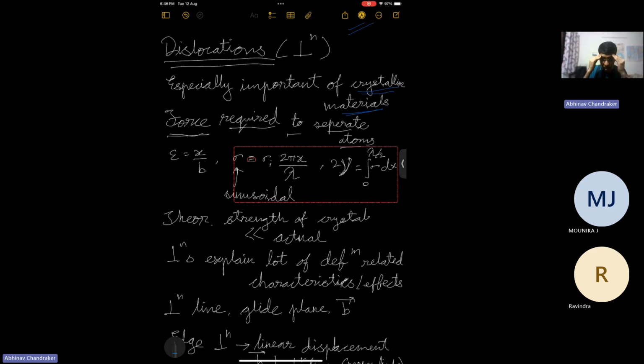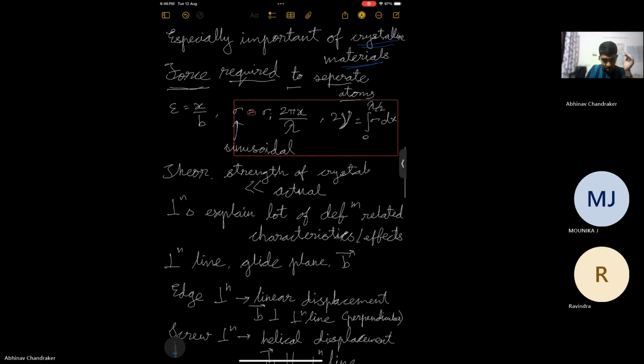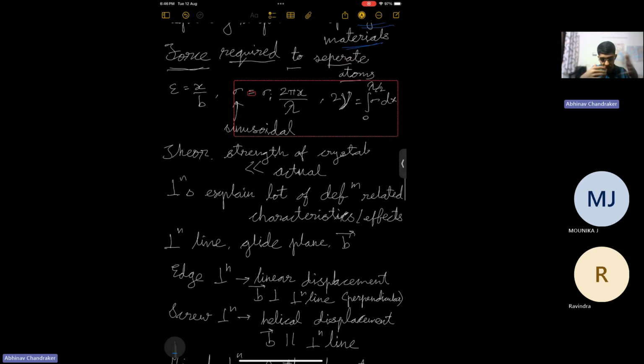It can also happen in intermetallics at times. They are also crystalline, but the extent of dislocations in them is lower because the bond energies are very high. So breaking of bonds is very difficult.